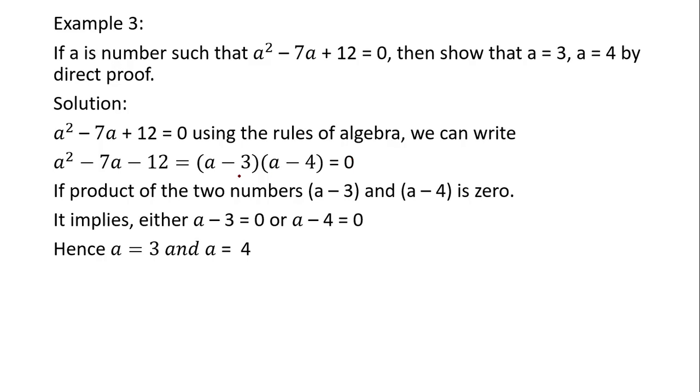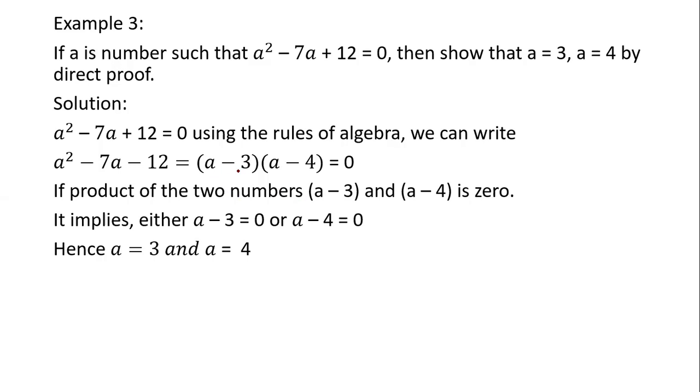Then we have two brackets multiplied, two numbers multiplied to get 0. Now, what we know about the product of numbers when the result is 0 is that if you are multiplying A and B and the answer is 0, it means either A is 0 or B is 0, or all of them are 0.